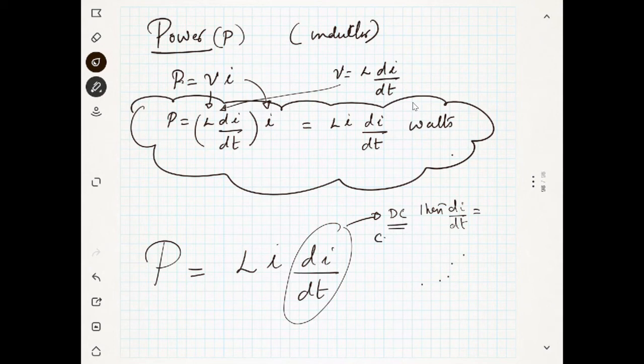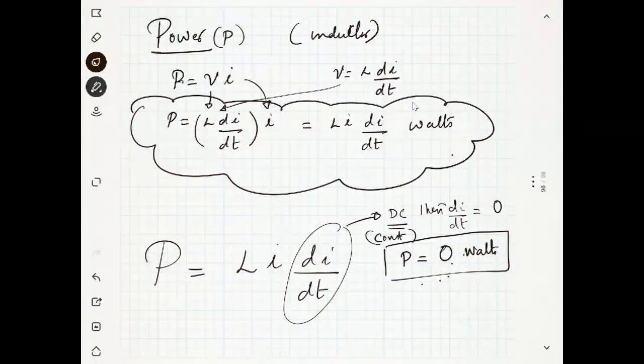If DC means constant, what is the differential of a constant? Zero. If the current through the inductor does not change, what will be the power then? Zero. This you should not forget.